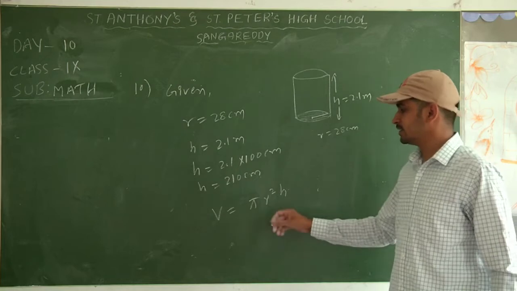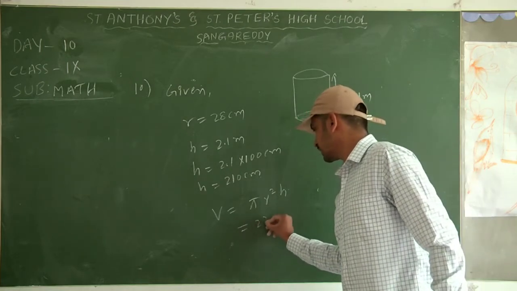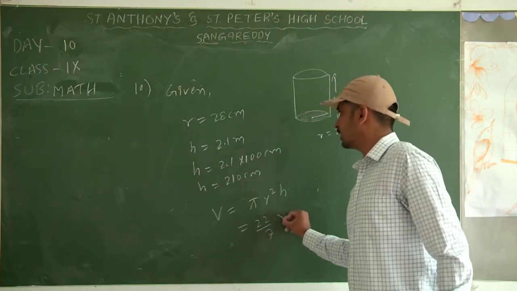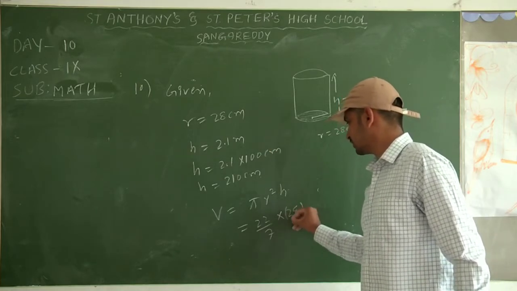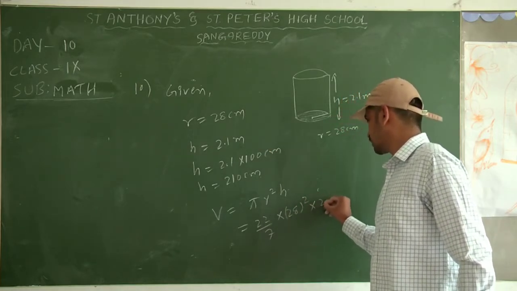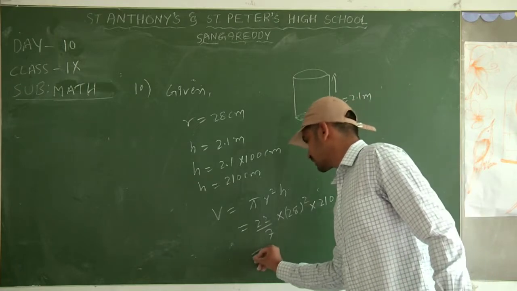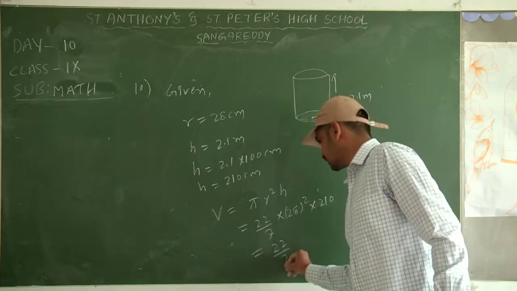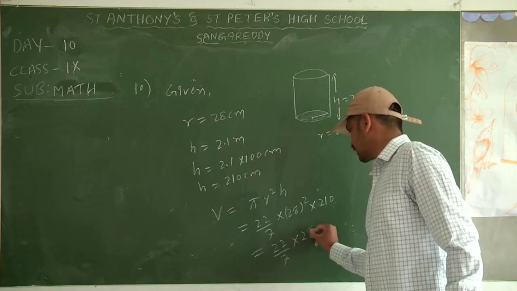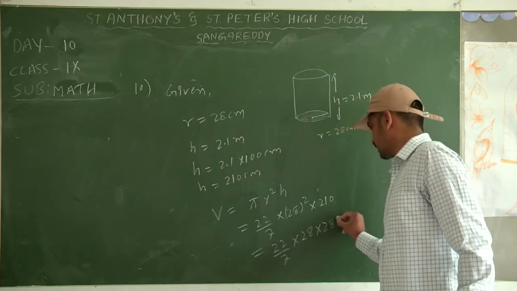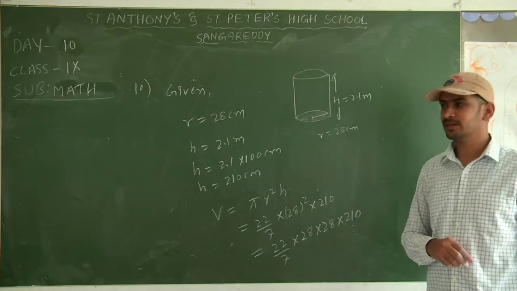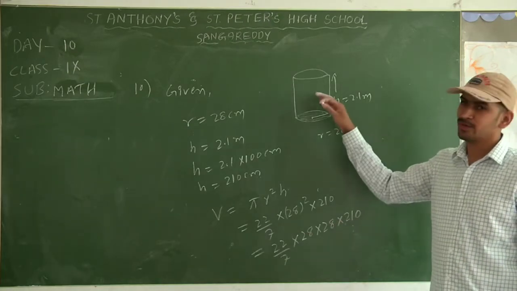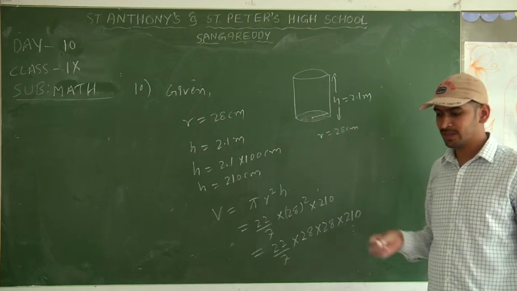That is, pi is 22/7, or 28 square into 210. So that is 22/7 into 28 into 28 into 210. If you cancel this, we will get the volume of the cylinder, nothing but the volume of the drum.